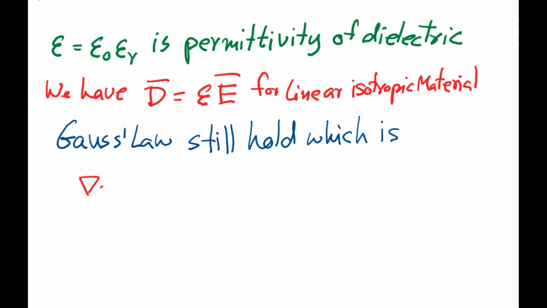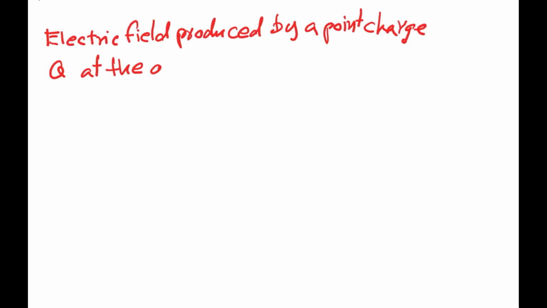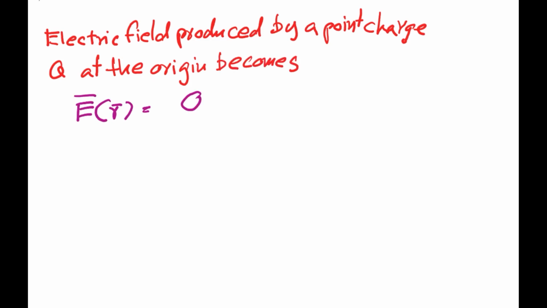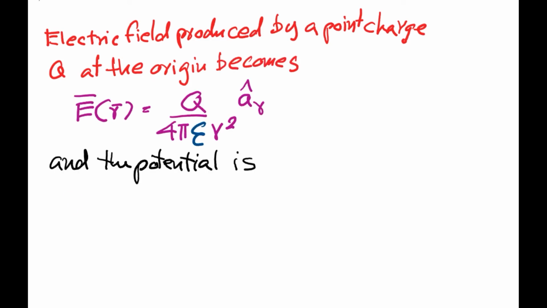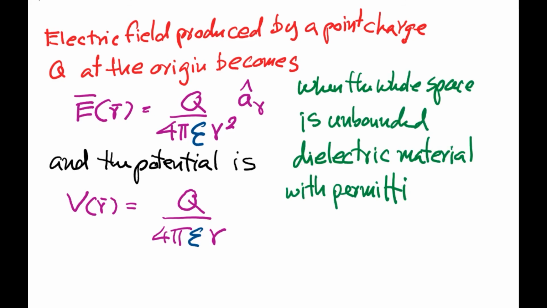The divergence of electric flux density is the charge density, and the flux passing through a closed surface is the charge inside the surface. The electric field produced by a point charge Q coulomb at the origin becomes this, and the potential is this, when the whole space is unbounded dielectric material with permittivity of epsilon.